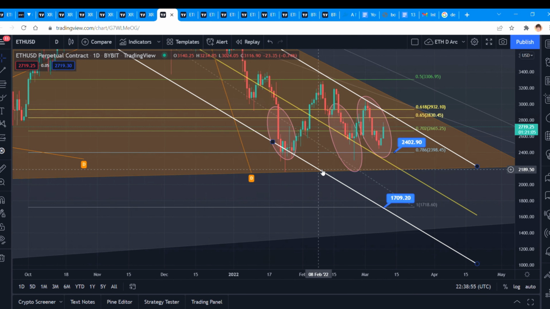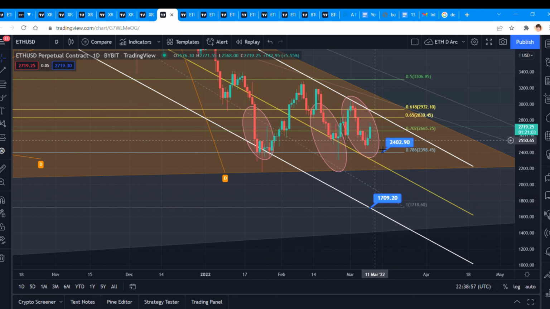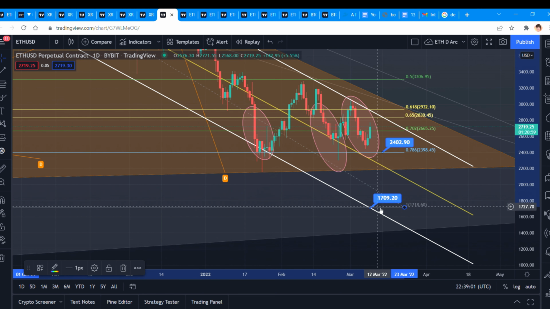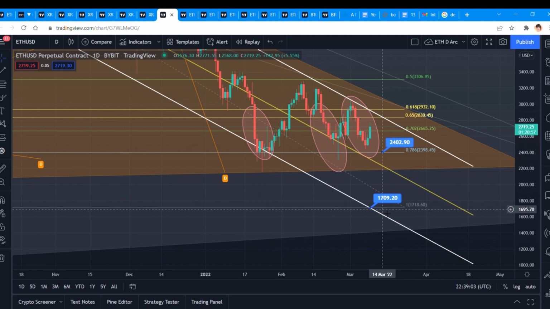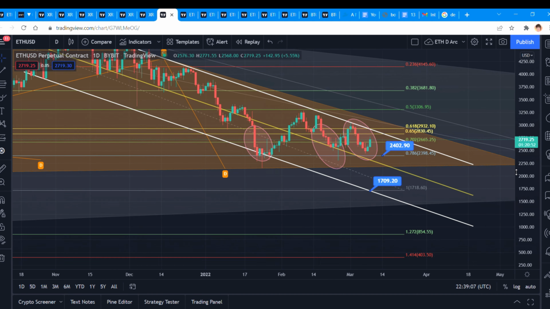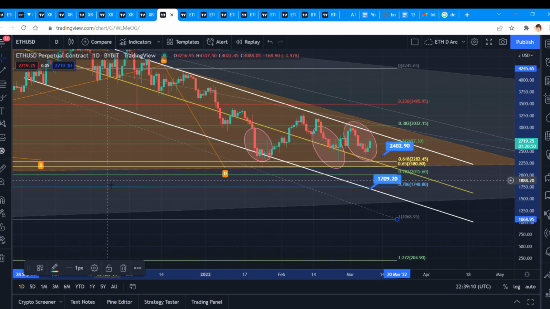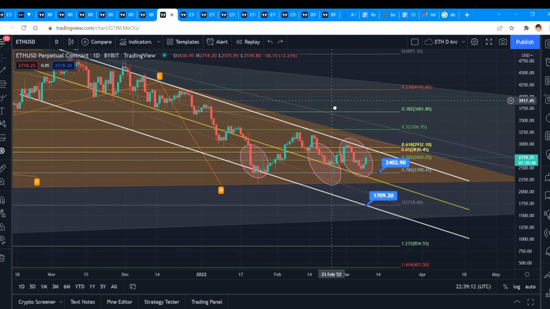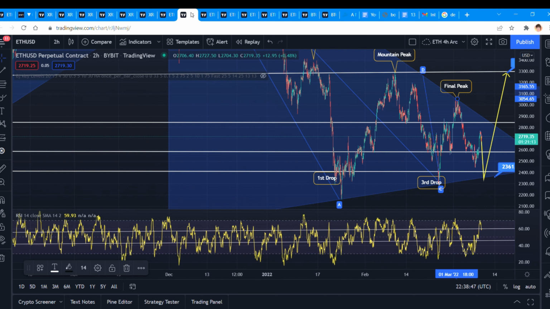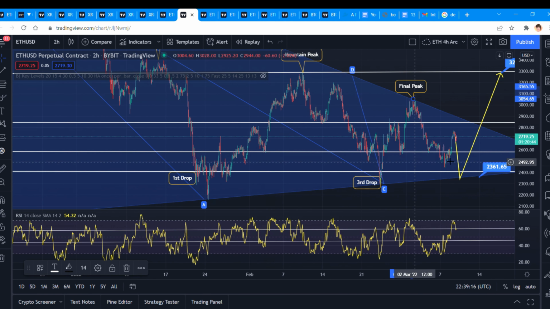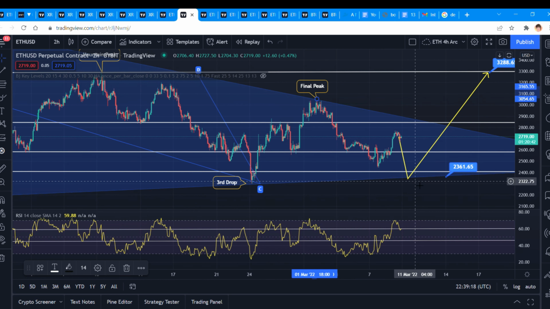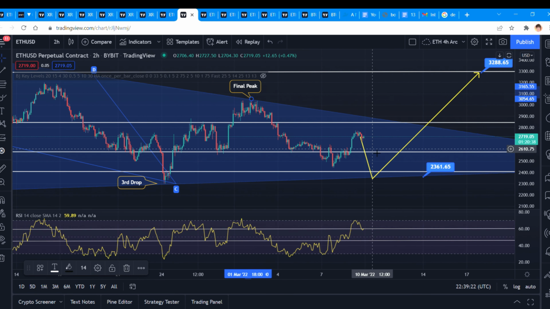So we don't know if we're gonna come down to the 2400 again, or if we're gonna come down to the 1700 again, and then move up, because there is evidence on both sides. So my guess, based on the momentum of all of this, is that this is not the breakout.